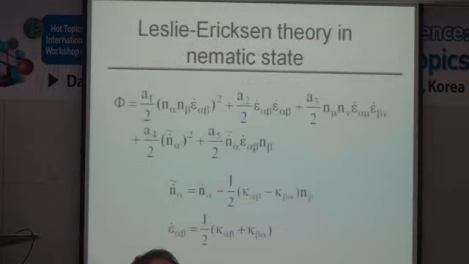I have not written down the whole expression, but setting the derivative of phi with respect to n dot equal to 0 gives you a time evolution equation for n dot, and the expression for the stress tensor is derived by taking a partial derivative of phi with respect to the velocity gradient tensor.